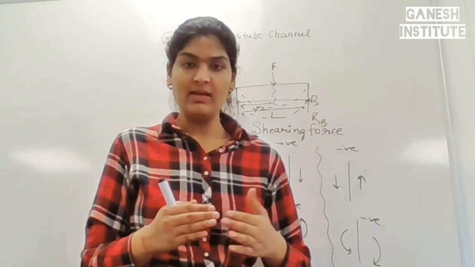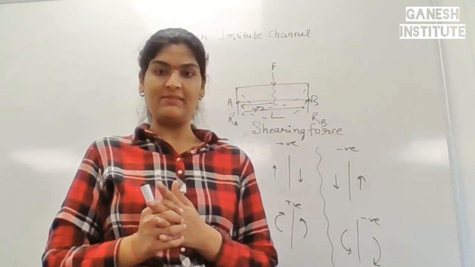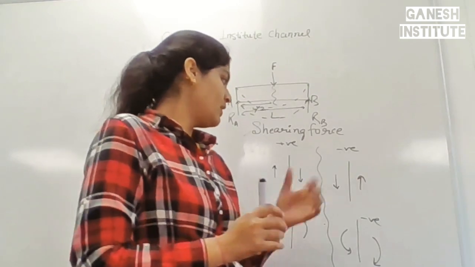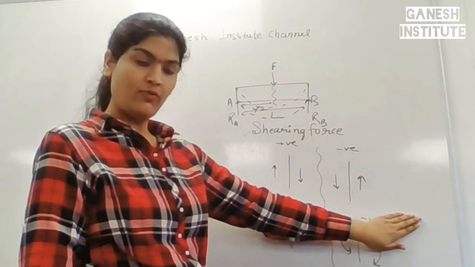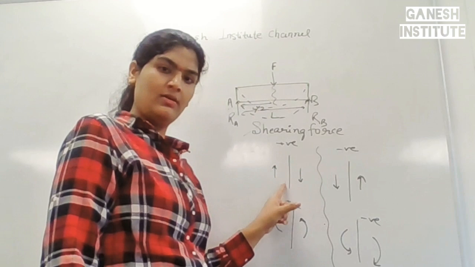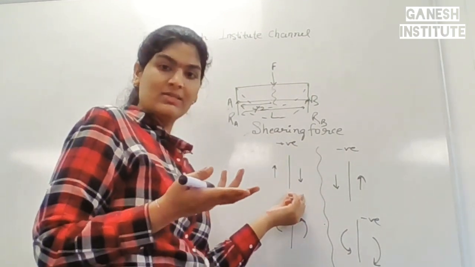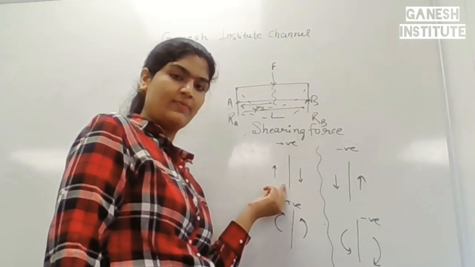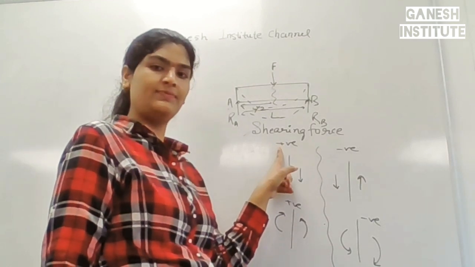Whenever we draw bending moment diagrams, BMD, or shear force diagrams, SFD, we have to bear some points in mind. Firstly, the sign conventions. When we talk about shear force, at the surface where it is splitting, all the leftward forces, if they are upwards, then we have to take a positive sign.